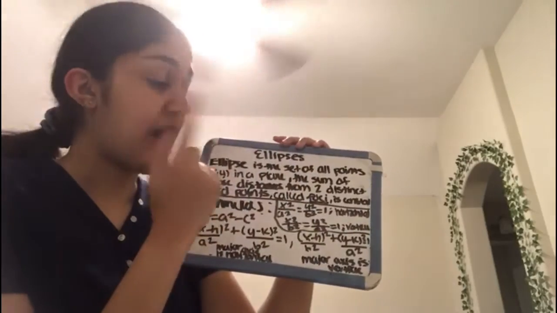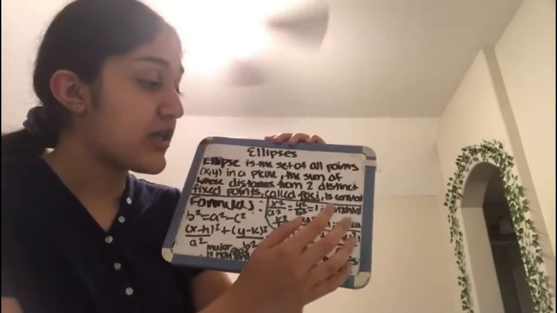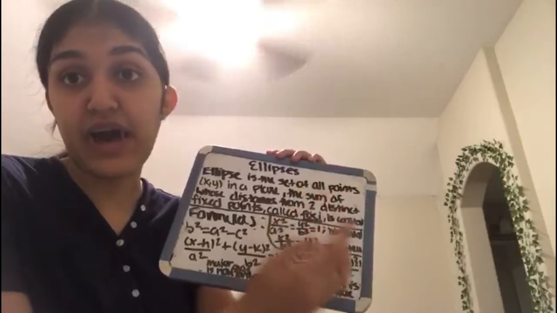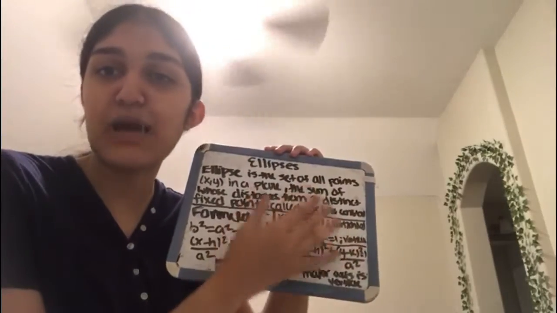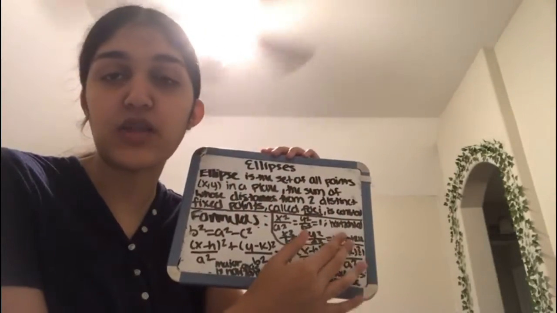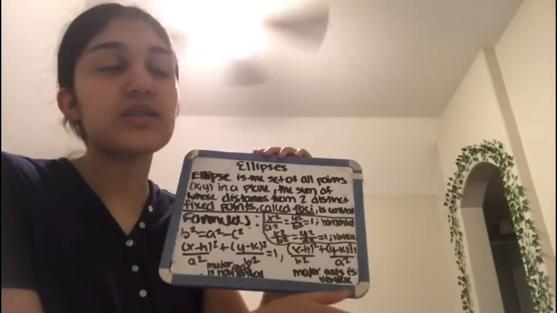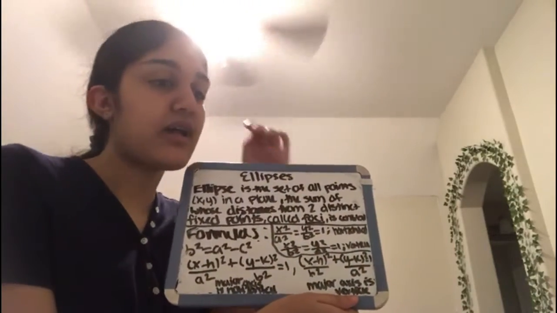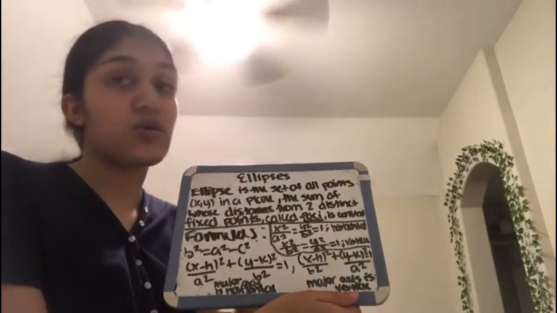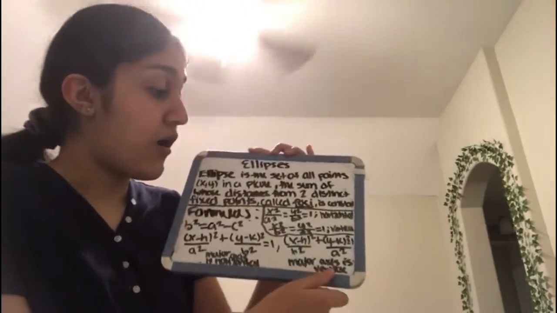The last formula I want to talk about is also for the horizontal and vertical main axis, but it's a different type of formula that you use to interpret the numbers and find the other standard form, or the equation of the graph.